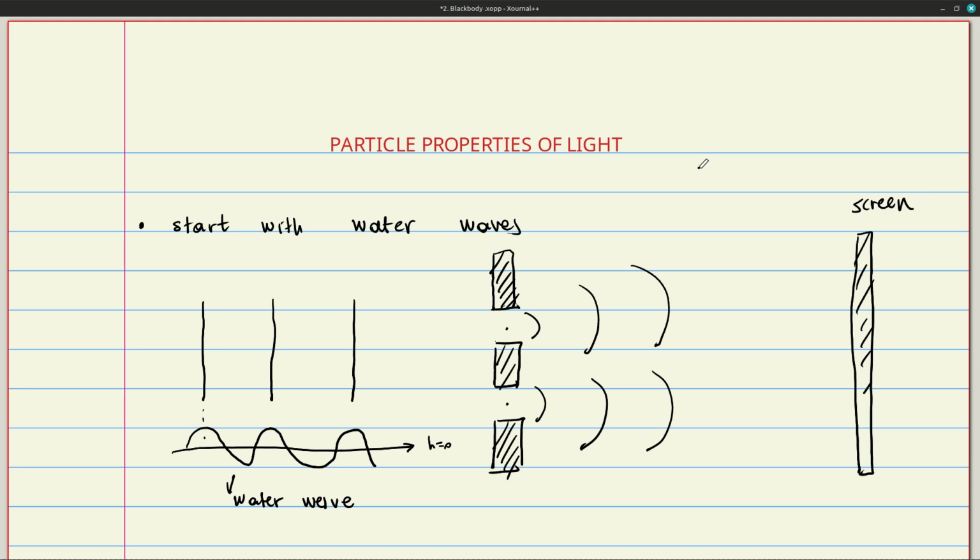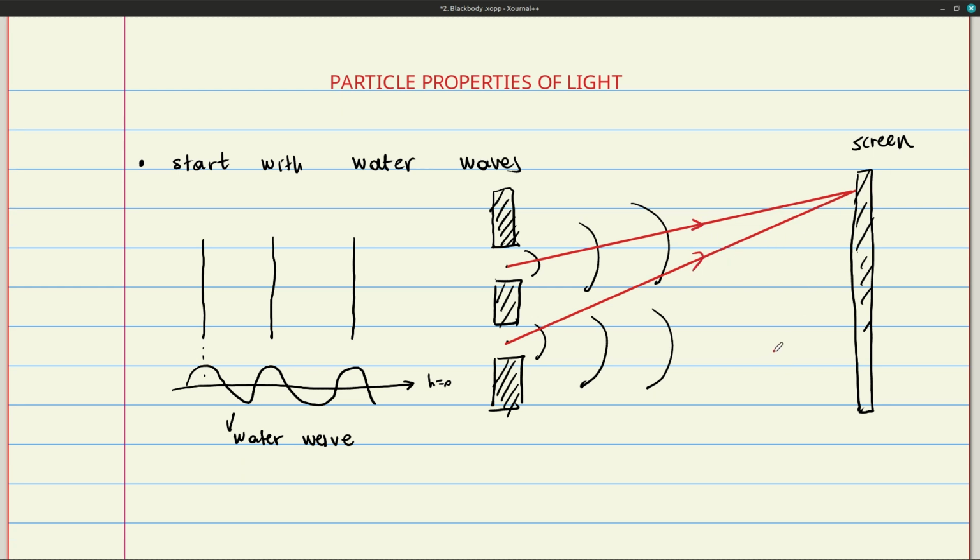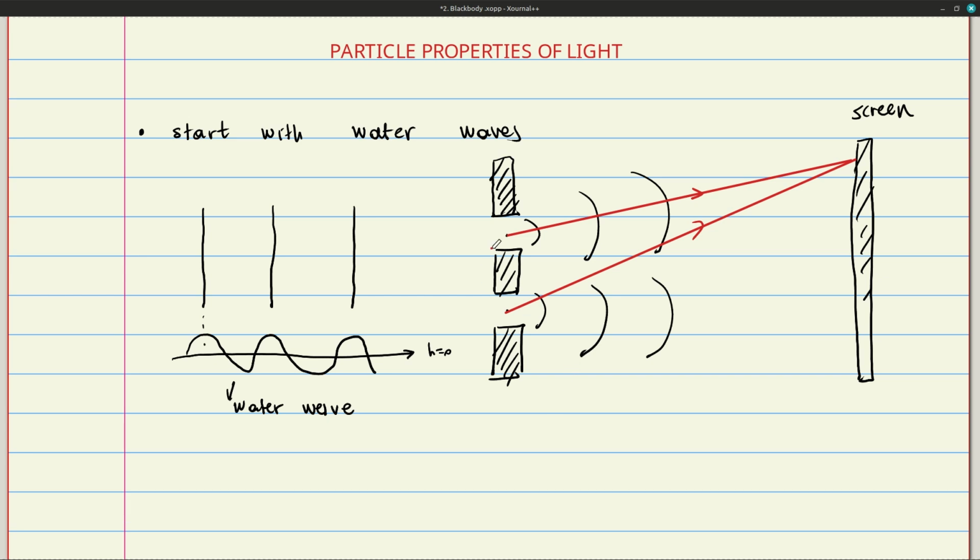And now we have to think about two wavefronts coming together at a given point on the screen. Suppose I have one wave coming from here, another wave coming from here. When they combine there, there are different possibilities, because the path they take is not exactly the same, so one wave is going to have a shift compared to the other wave.